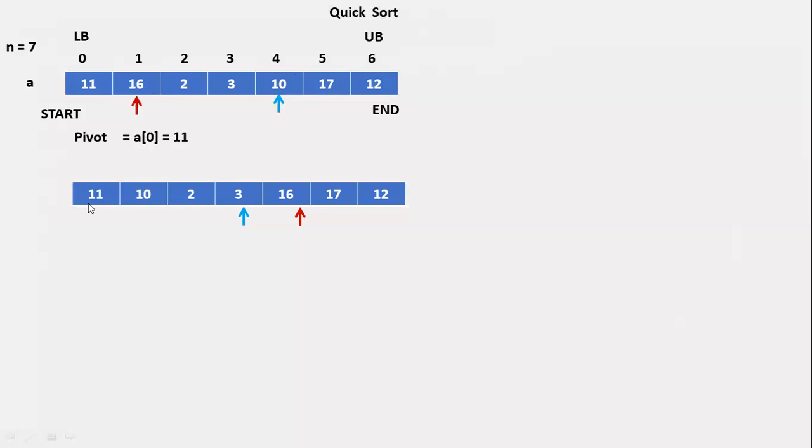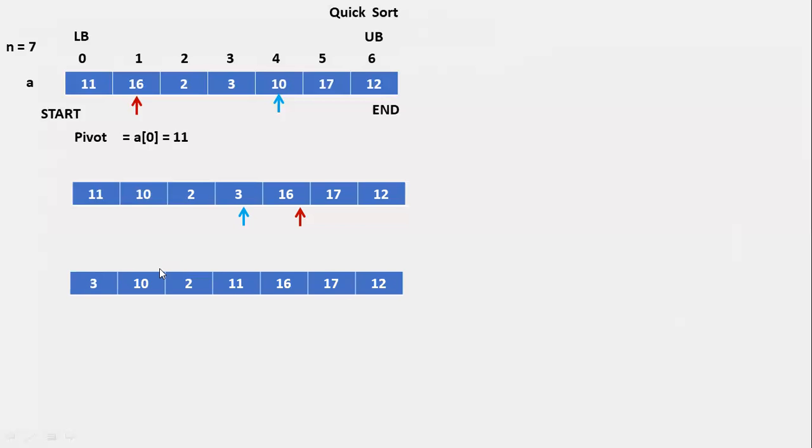Okay, so now our array will be something like this. The end value, 3, will come here, and the 11 value will come here. So our array will be like this: 3, 10, 2, 11, 16, 17 and 12. This was our pivot element, and that pivot element came here.